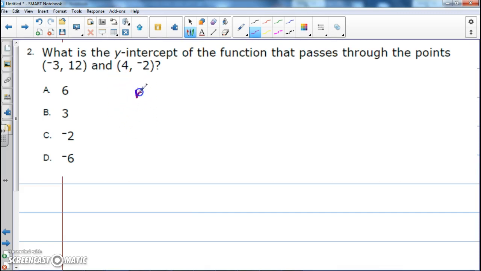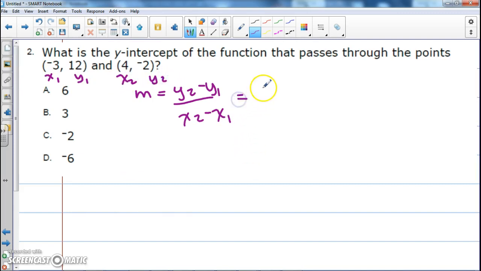So first I need to do my slope, which is y2 minus y1 over x2 minus x1. Label my points x1, y1, and x2, y2. Plug it into the formula. My y2 is negative 2, so negative 2 minus 12.